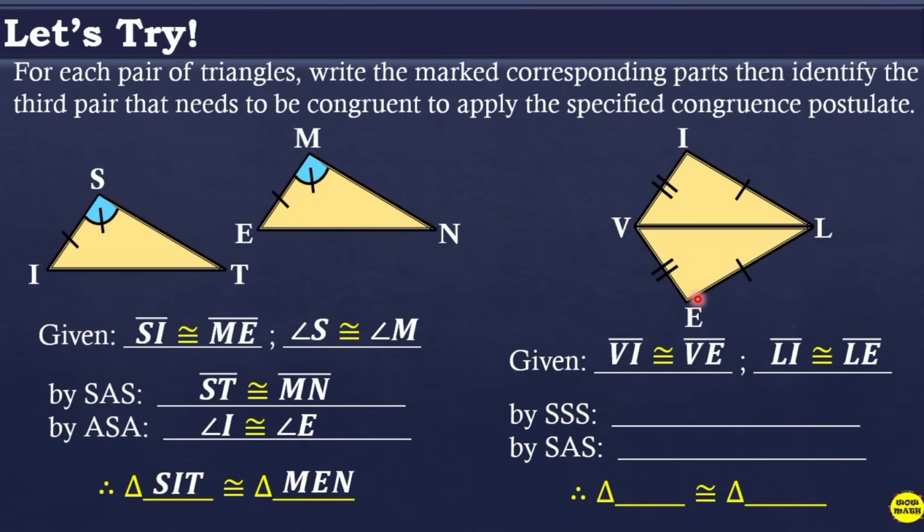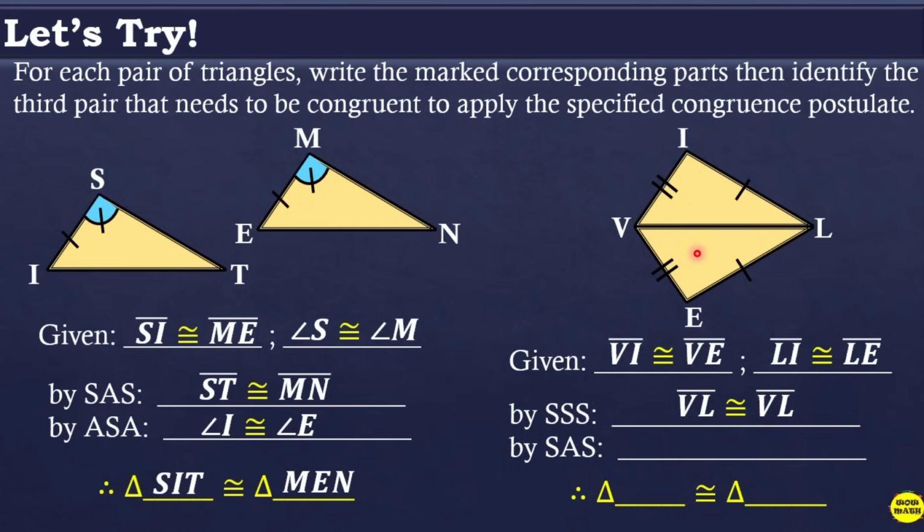So, ano yung isa para maging SSS? So, meron tayong isang side, second side, ano yung pangatlo? Correct. We have VL is congruent to VL since nagsishare sila ng common side. So, this is congruent by reflexive property of congruence. Okay? Next, para maging SAS.